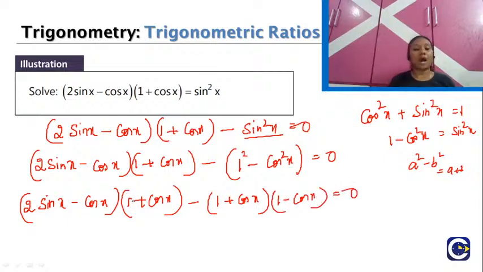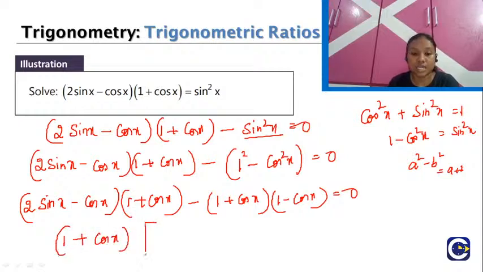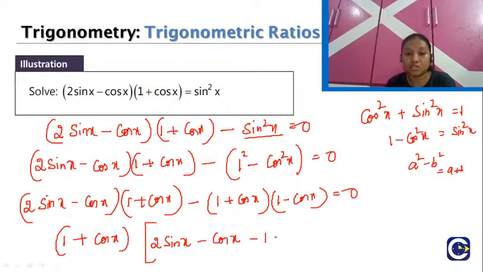Now if you observe these two terms, we can have a term common, that is nothing but 1 plus cos x. So I am taking out this 1 plus cos x as common, then I will have 2 sin x minus cos x. If I have taken this common, then minus will be there, right? So minus 1 plus cos x equal to 0.